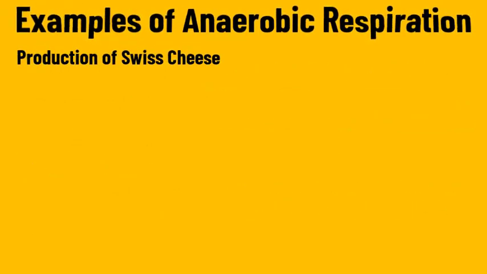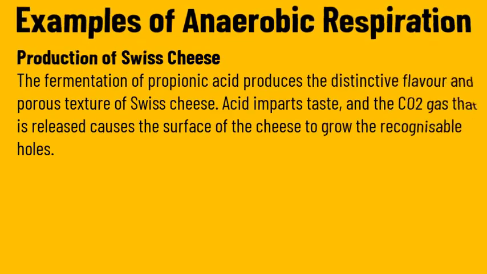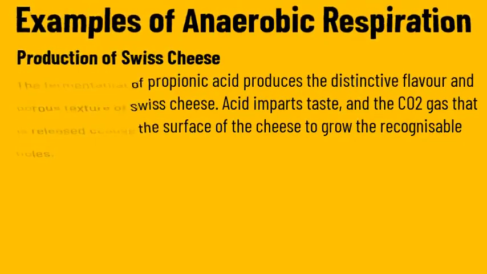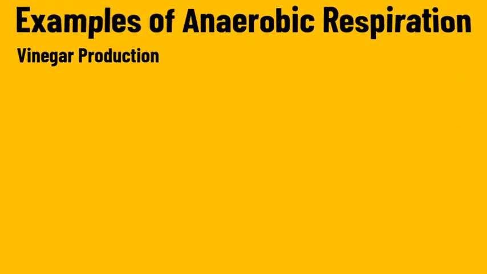Production of Swiss cheese. The fermentation of propionic acid produces the distinct flavor and precise texture of Swiss cheese. Acid imparts taste, and the carbon dioxide gas that is released causes the surface of the cheese to grow the recognizable holes. Vinegar production.